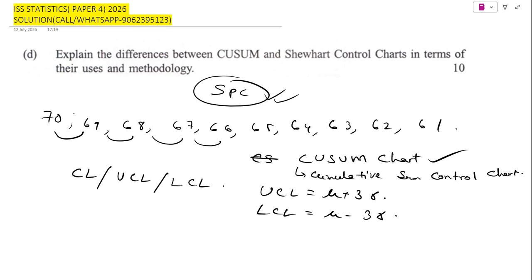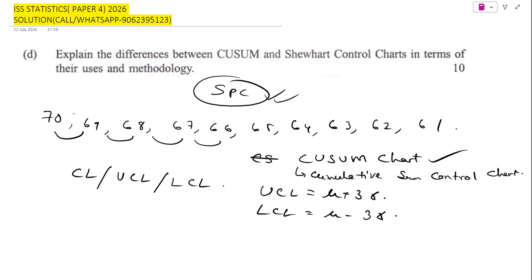Okay, suppose today's deviation is plus 0.3 and tomorrow's deviation is plus 0.2, next day's deviation is plus 0.4. So CUSUM keeps adding them, 0.3, 0.5, 0.9, 1.3 eventually, and even though each individual deviation is small, their cumulative effect becomes large enough to indicate that the process has shifted.